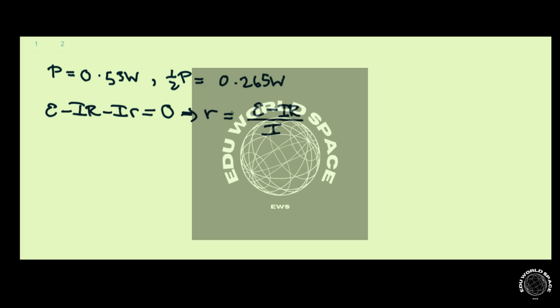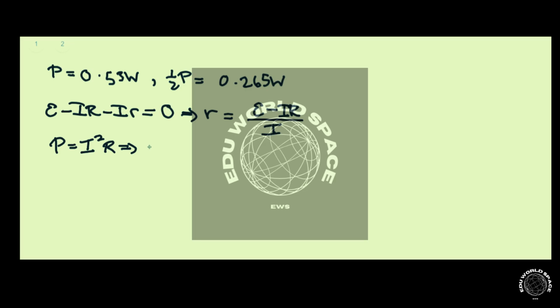And what we can do is actually find the current that's associated with this half power, right? So we know that P is equal to I squared times R, right? So we know that R doesn't change when we change the power. So then we can solve this for the current.